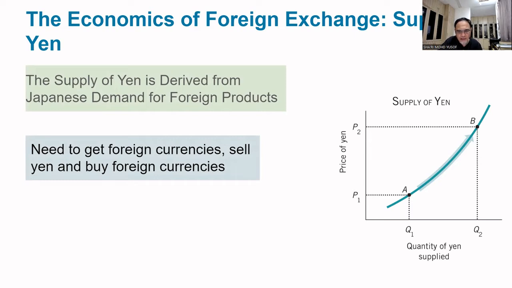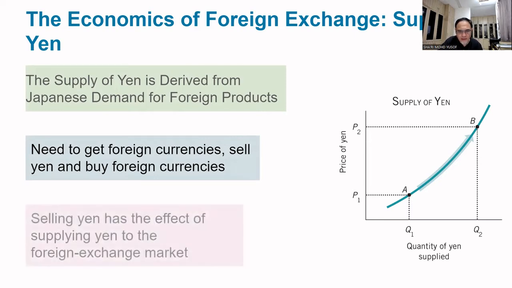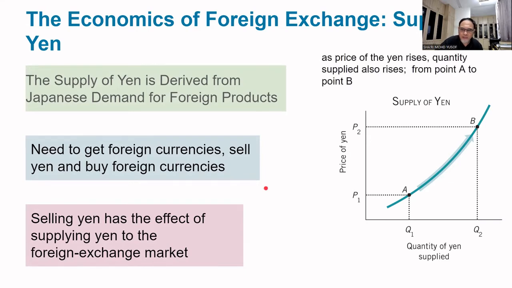When you sell yen, you are supplying yen to the foreign exchange market. So the quantity of yen supplied will increase as the price of yen rises, from point A to point B.